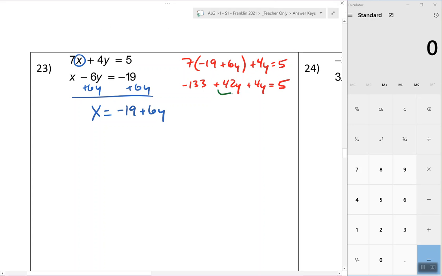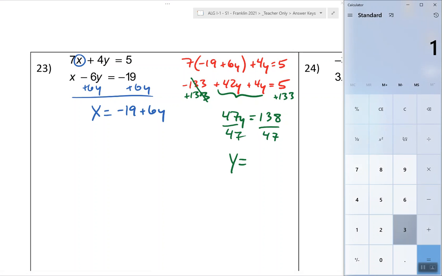We're going to combine some like terms as well as add that 133 to both sides. So 47y equals 138. And divide by 47. And I believe that's 3. Just to check our math though.